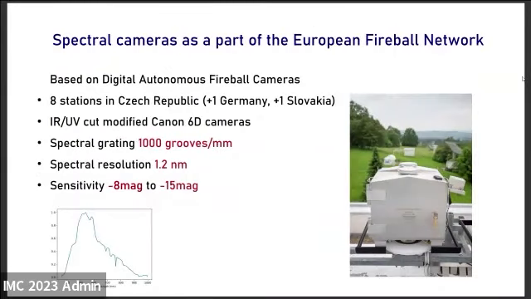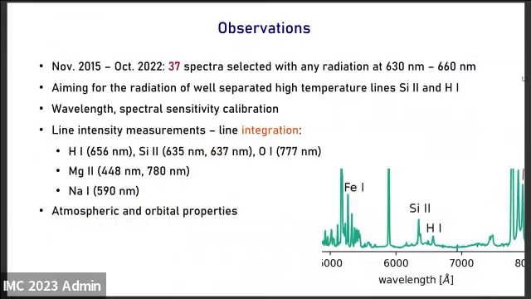For our study, we used the spectral cameras of the European Fireball Network. Marco talked about it, and you know it, so I can skip this. About our observations: I went through our catalog of spectra from a time window of about 7 years.